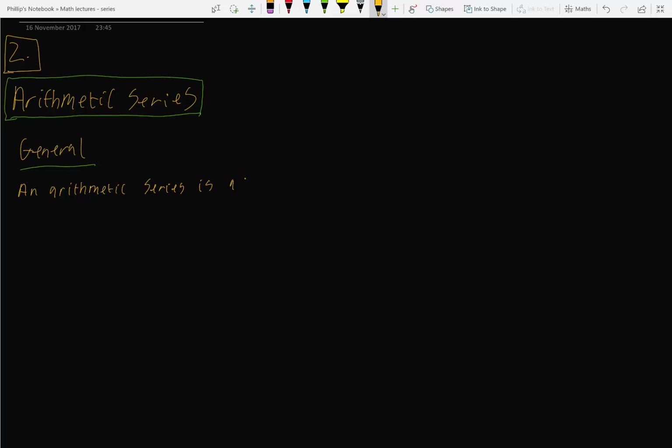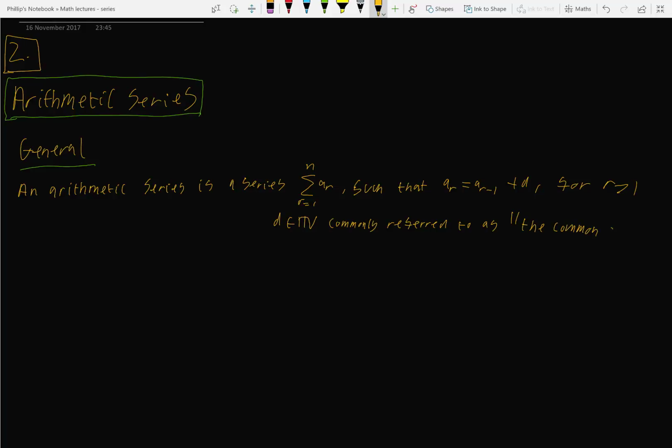is a series from r is equal to 1 to n of a_r such that a_r is equal to a_(r-1) plus d for r greater than 1, where d is a natural number, so a positive integer, commonly referred to as the common difference.